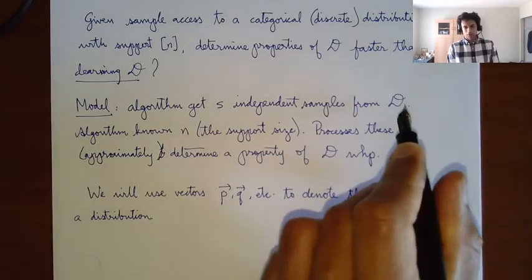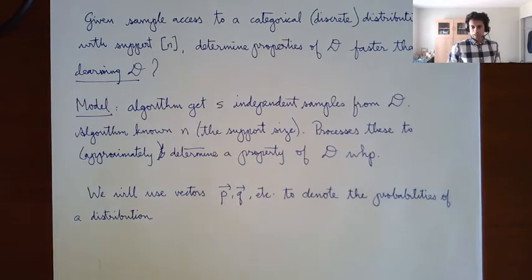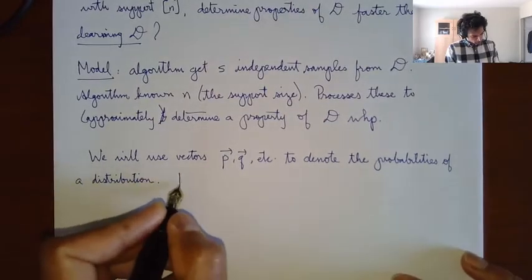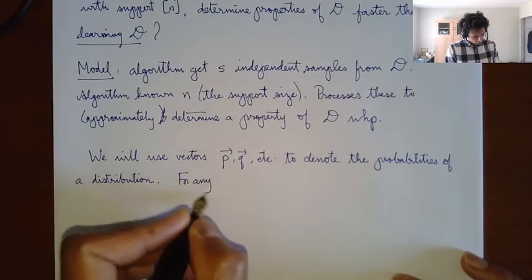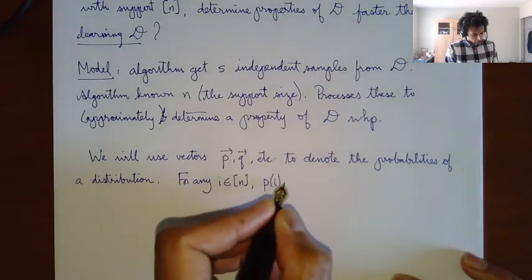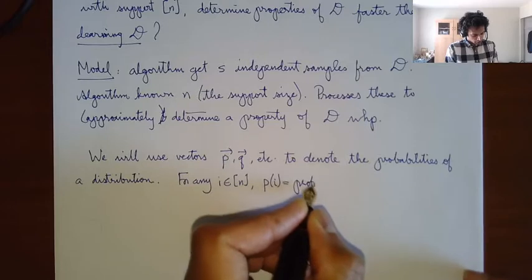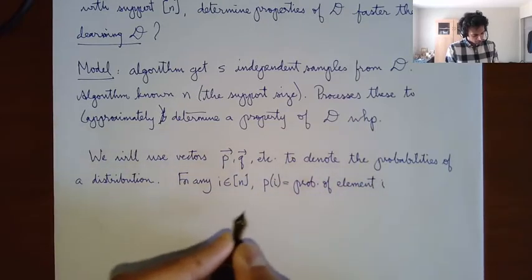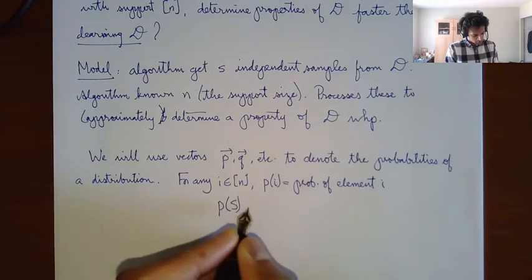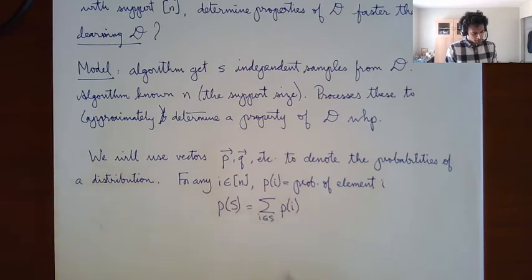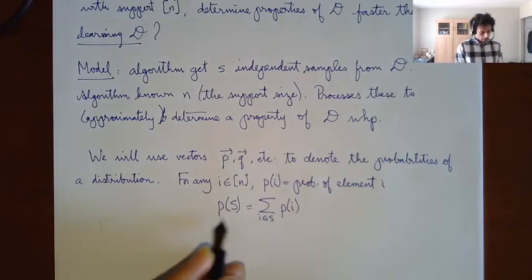So we'll get rid of the script d, and we will just use the vector of probabilities to denote the distribution. So for any I in the support, P of I is just the probability of the element I, and P of S is going to be the summation over I in S of P of I. This is the total mass on some set.